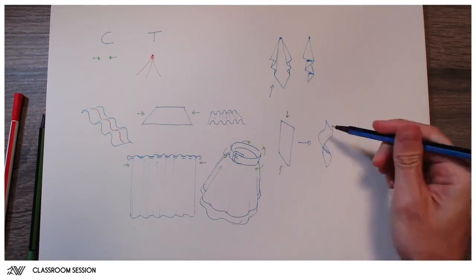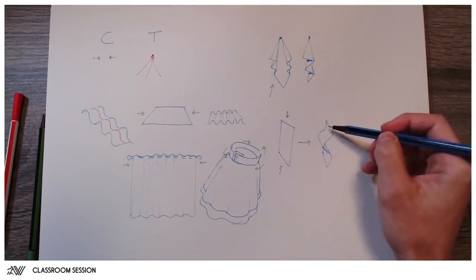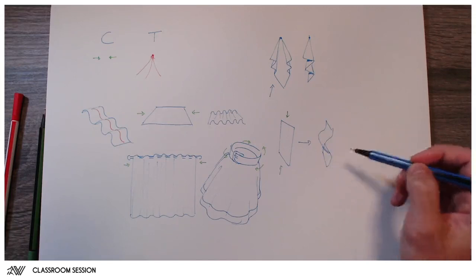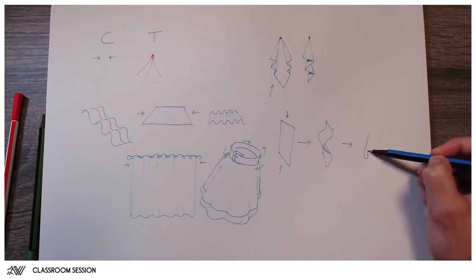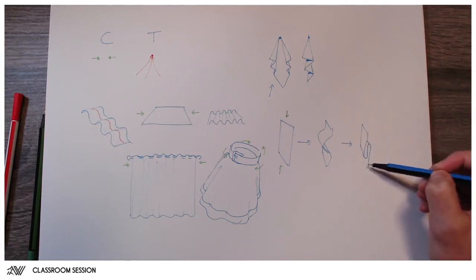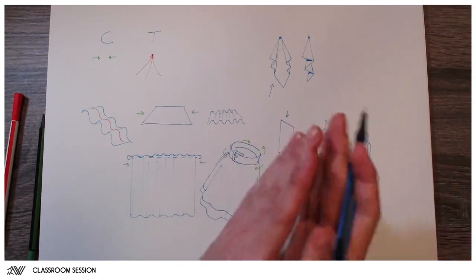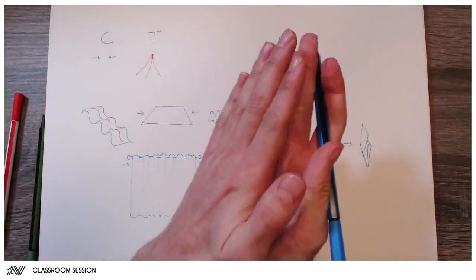Now, if we were to just let gravity do its thing and let that fold go further and further, what we would see is that it would essentially droop completely, right? And kind of fold into itself, compressing itself together.